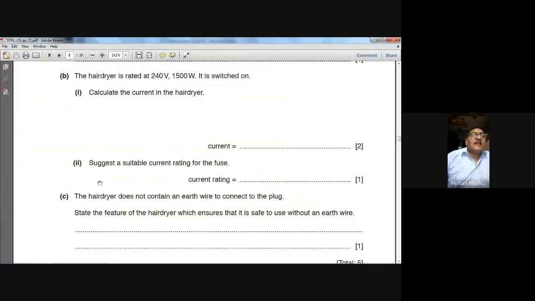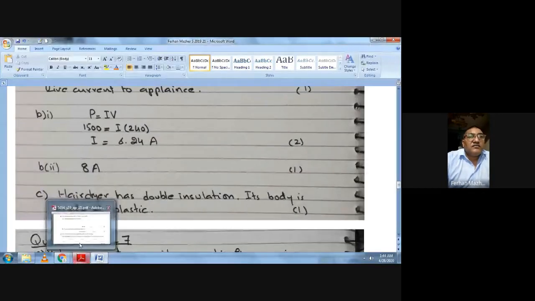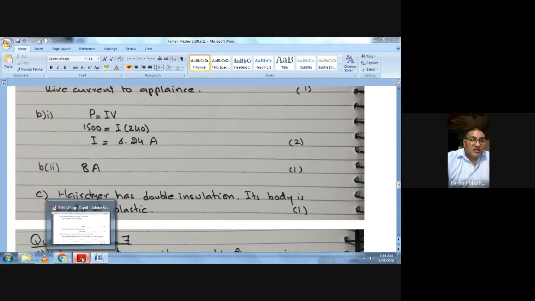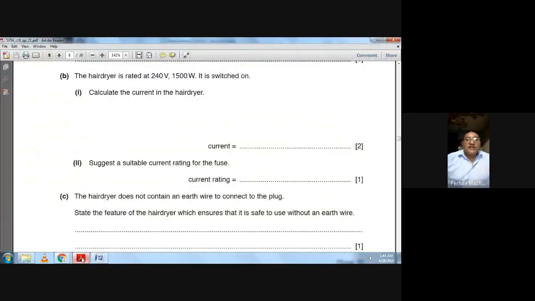Okay. So the next question, suggest a suitable current rating for the fuse. The amount of current which the hair dryer will need is 6.24 amp. So the fuse you put there should be of a rating more than 6.24 amps.